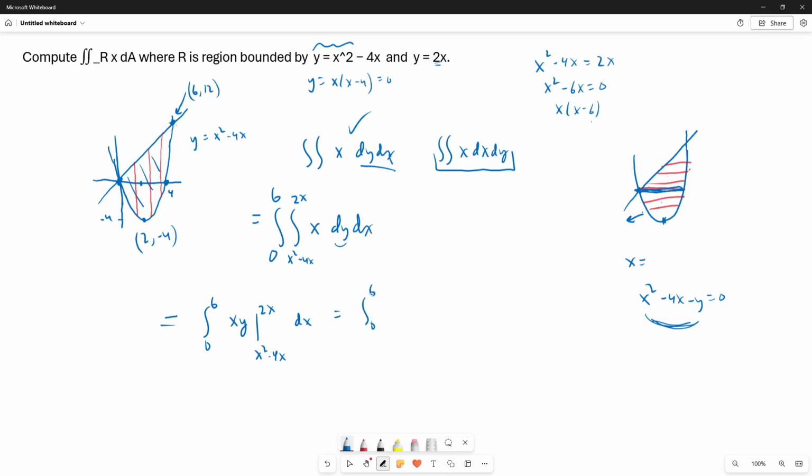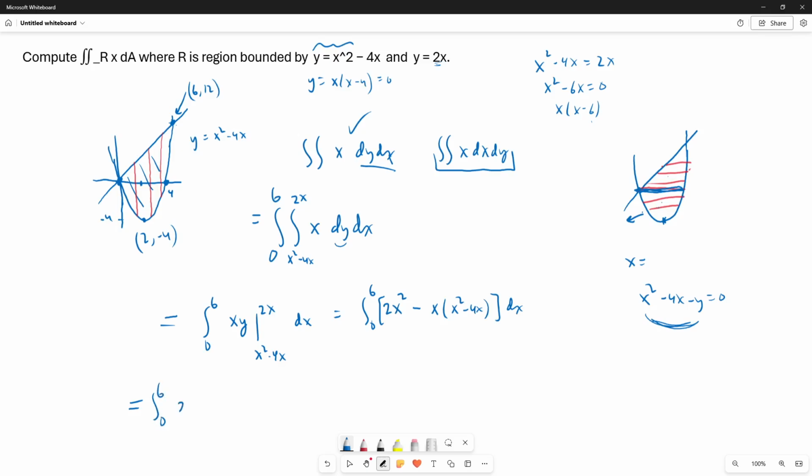So integral 0 to 6, plug in 2x for y, and that gives us 2x times x, and then minus x times the parabola, x squared minus 4x. So we have to integrate all that with respect to x.